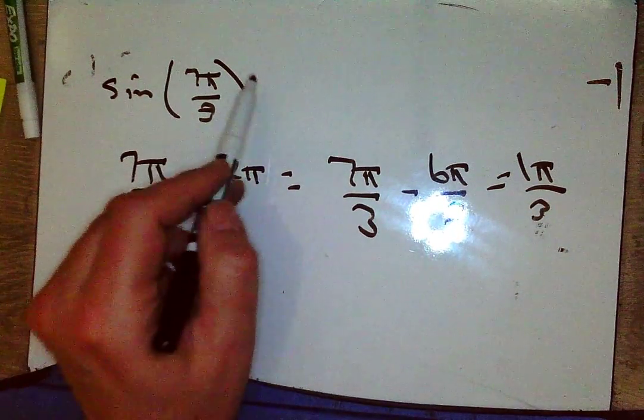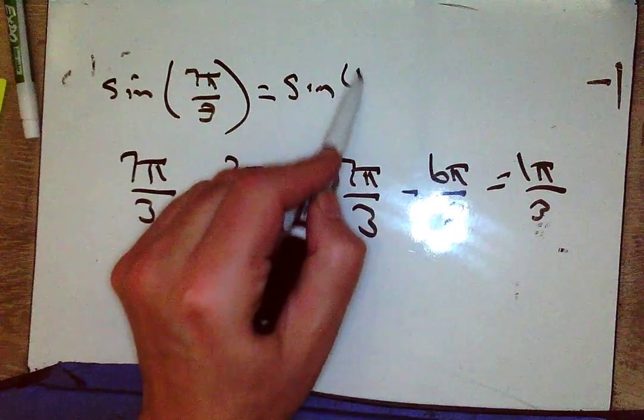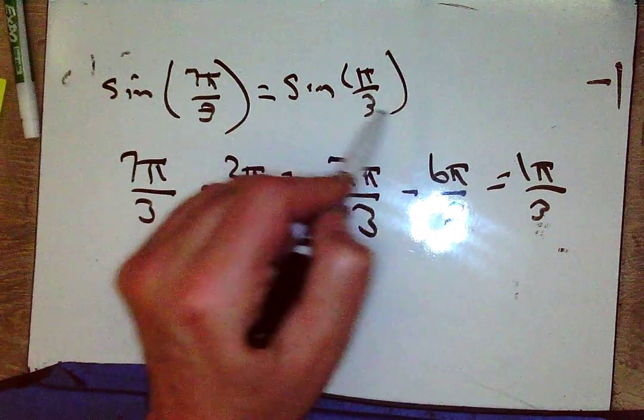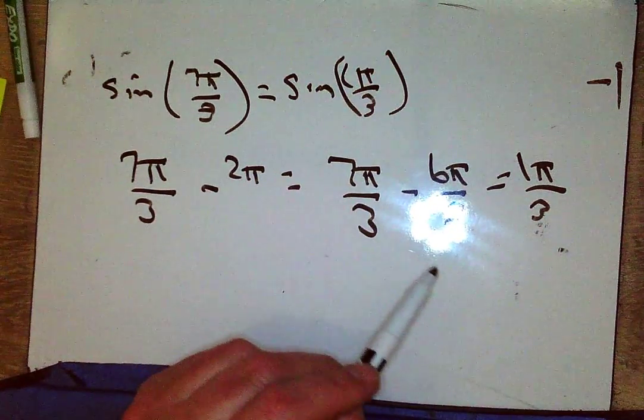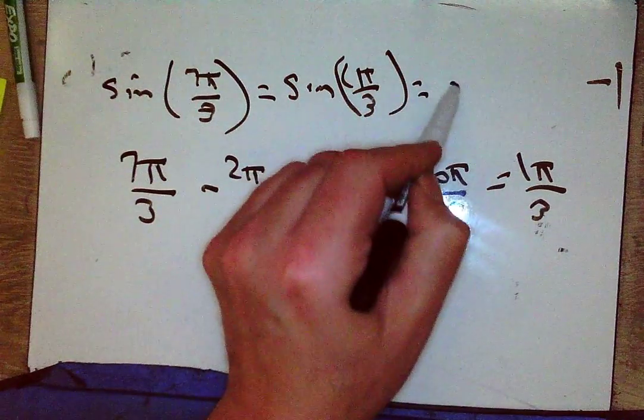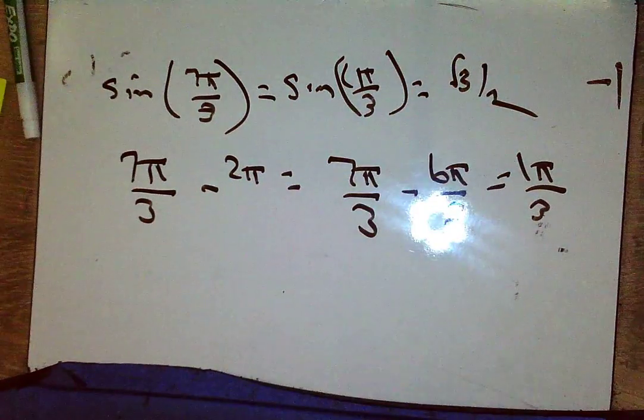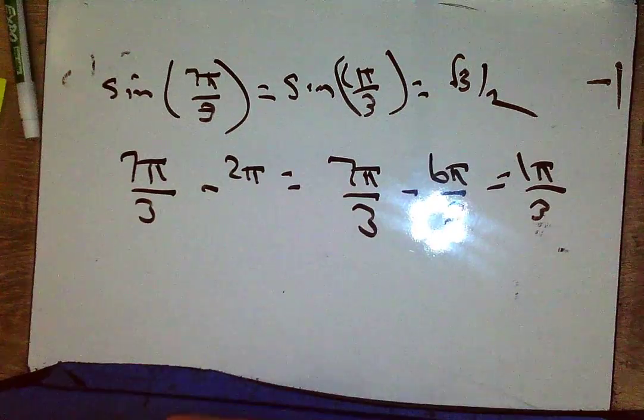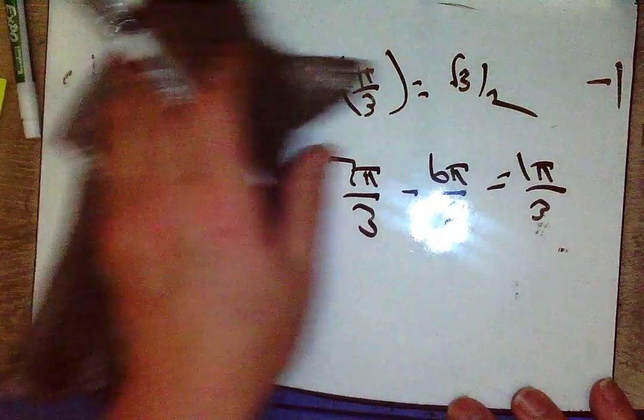So this is the same as pi over 3. Okay, and what is the sine? The sine is the y value. What do you think? Is it starting to make sense? Does it start to feel doable?